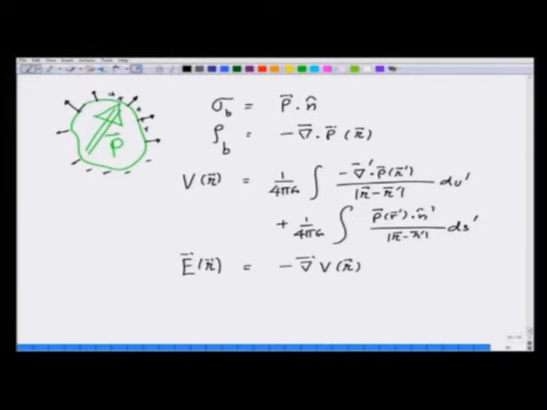So, this is a general strategy. However, the materials that we are going to deal with are going to be polarizable. That is, when they are put in an external field, if I apply a field to it or put it in the presence of other charges, they are going to create a polarization.